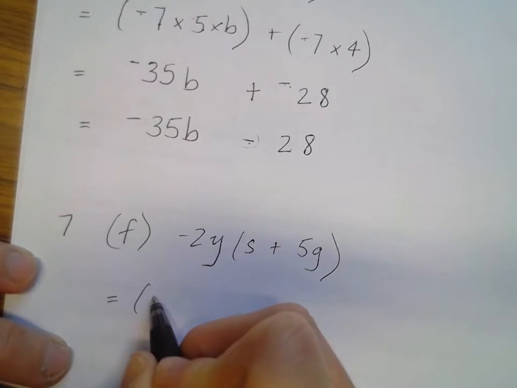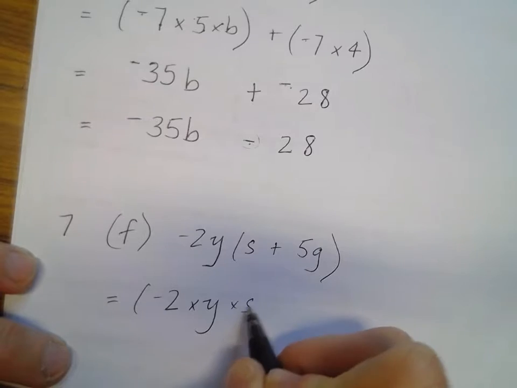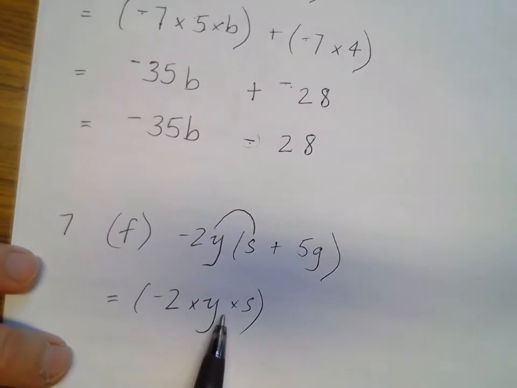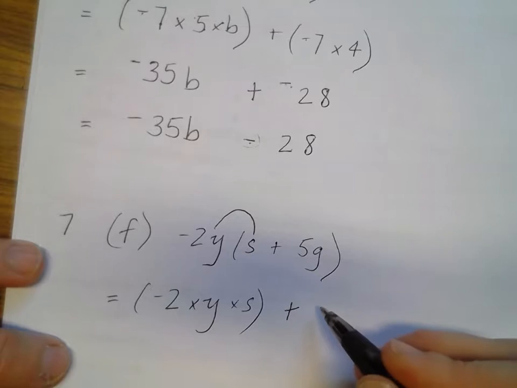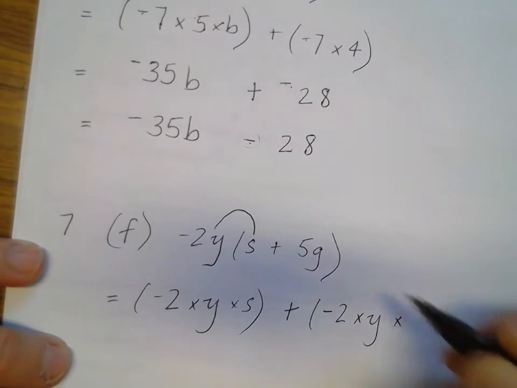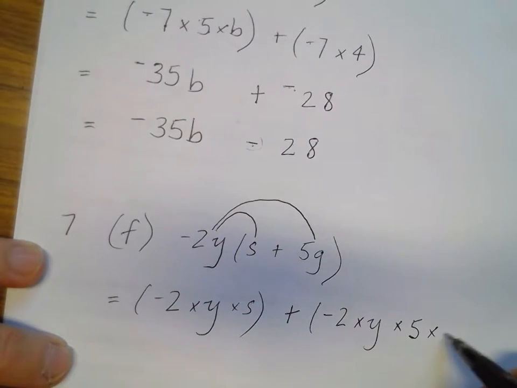Okay, so let's expand out. If we distribute negative 2y to s, it becomes negative 2 times y times s. We bring down our addition. Negative 2 times y times, distributed over here, 5 times g.